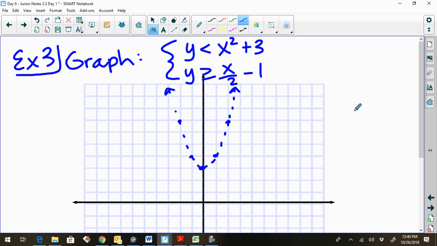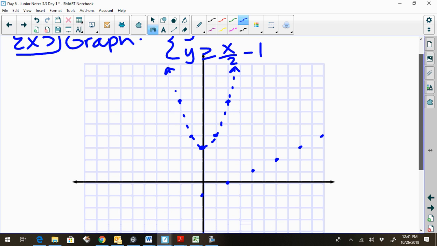But let's just keep that in mind because we have another equation in this system. So let's see, y is greater than or equal to x over 2 minus 1. So let's graph that. Minus 1, up 1 over 2, up 1 over 2.